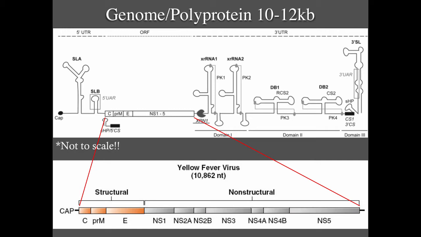And then you have all these stem loop structures with Watson-Crick base pairing over here. These are somewhat dynamic structures, so they're not always in this shape, but may change depending on the environment or proteins bound to this part of the RNA.